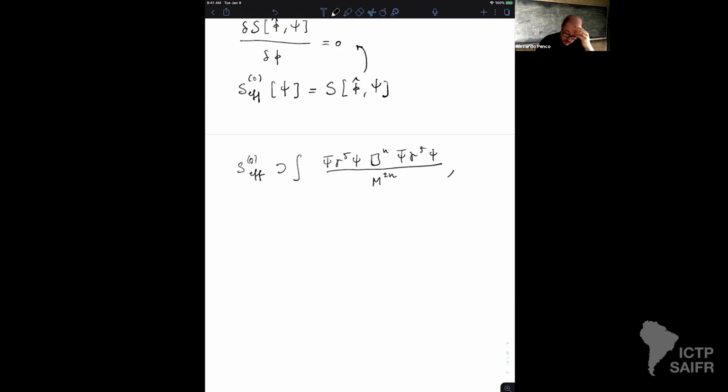There are going to be terms psi bar gamma 5 psi to some power m, suppressed by some proper power of M, and so on and so forth. You can find the first few terms in this expansion in equation 12 of the notes. And all these terms appear with specific couplings that depend on the Yukawa coupling y, on the scale M, and on lambda.